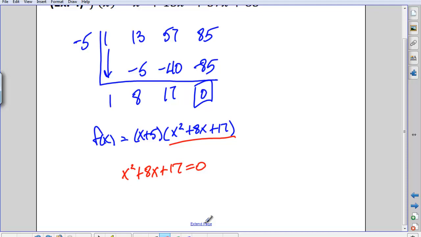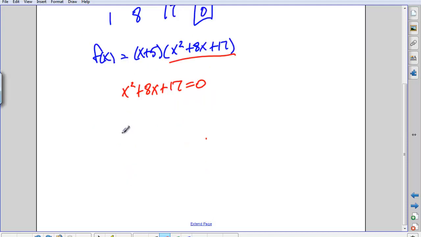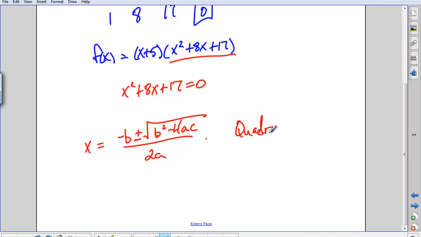Now for this, we can't just move a term to the other side and take a square root like we did on the previous examples. Not quite that easy. We can't factor that at all. We're going to have to rely on this guy right here. Remember this is the quadratic formula.